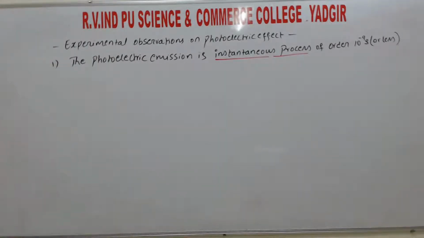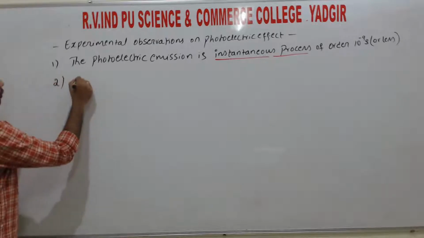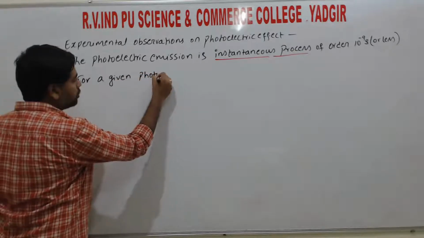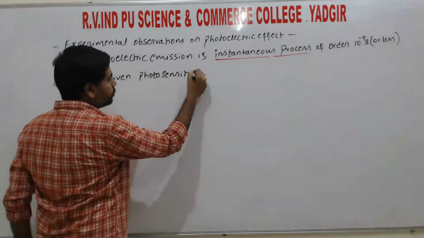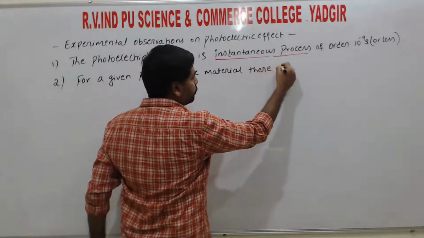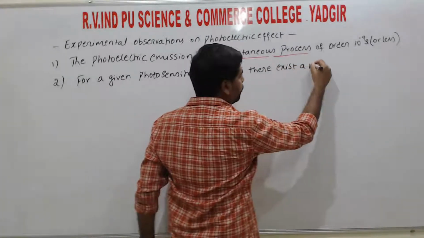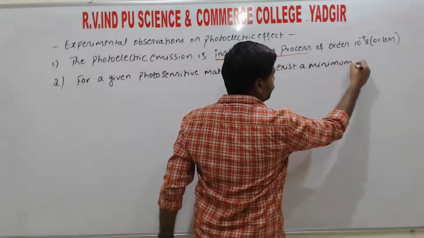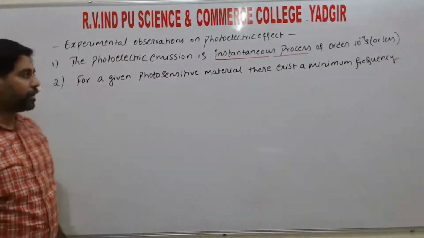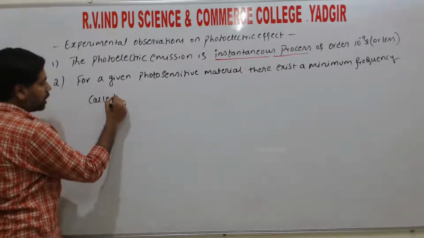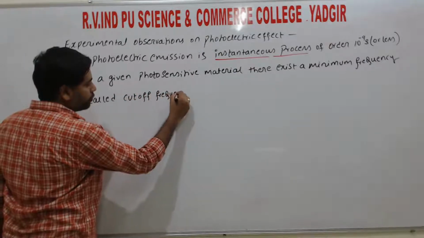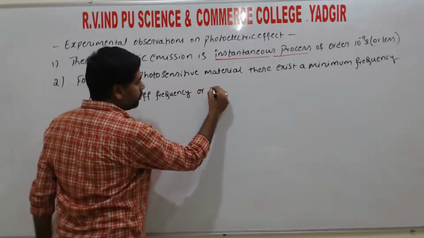So we move on to the second point. For a given photosensitive material, there exists a minimum frequency called cutoff frequency or threshold frequency.